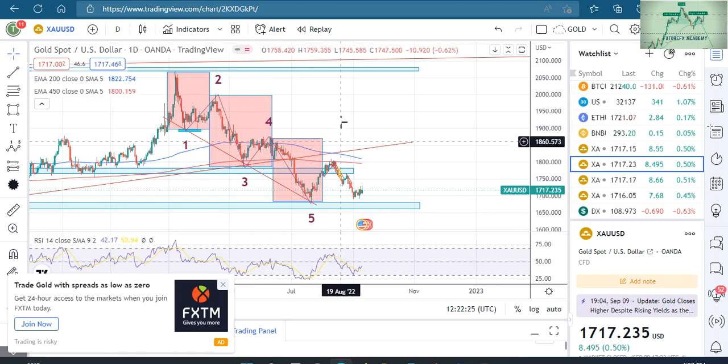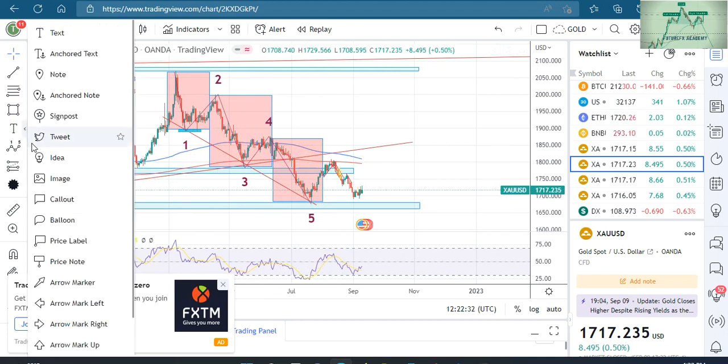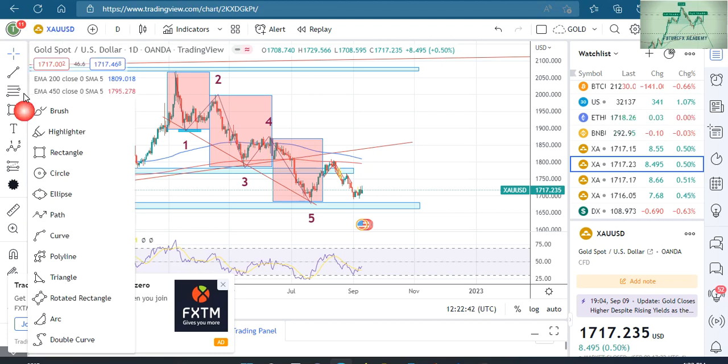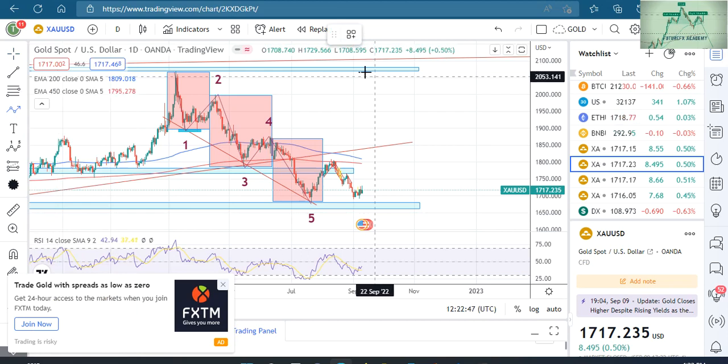And what does this pullback do? At this point, after every motive wave, we expect a corrective wave. Let me show you what I was talking about.